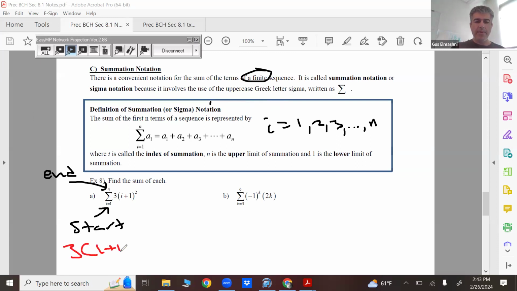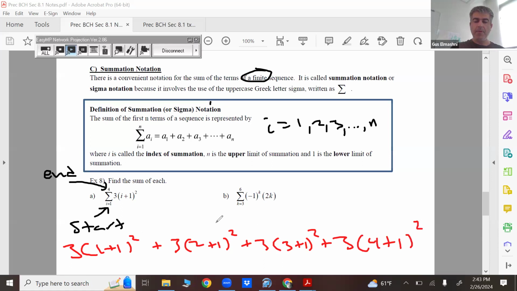So 1 plus 1 squared, that's my first term, plus 2 plus 1 squared, that's my next term, plus 3 plus 1 squared, that's my next term, plus 4 plus 1 squared is my next term. So 3 times 4 is 12. Hold on.